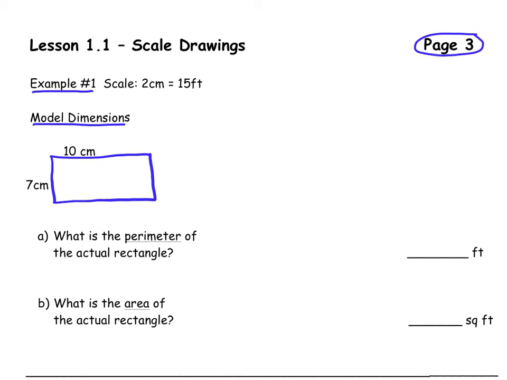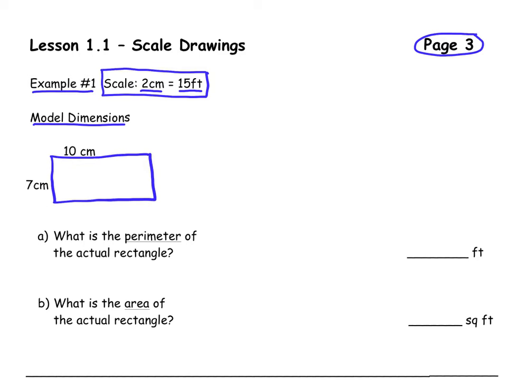Now, as with any scale drawing, we are always given a scale. In this particular case, our scale states that for every 2 centimeters on paper, or in the drawing, it represents 15 feet in the real world.